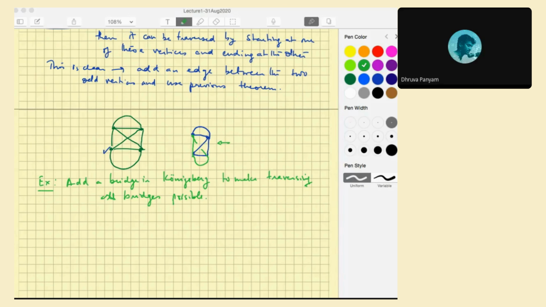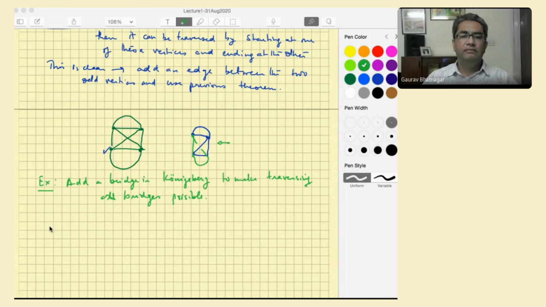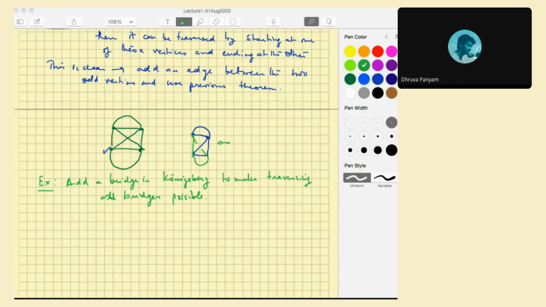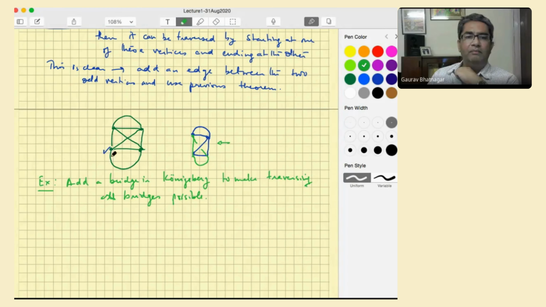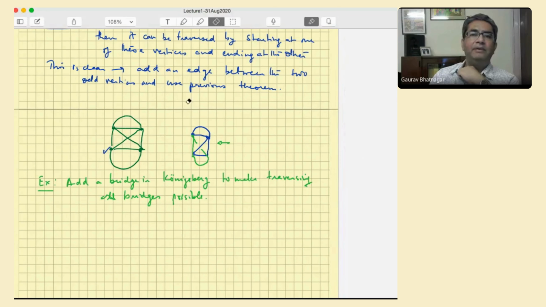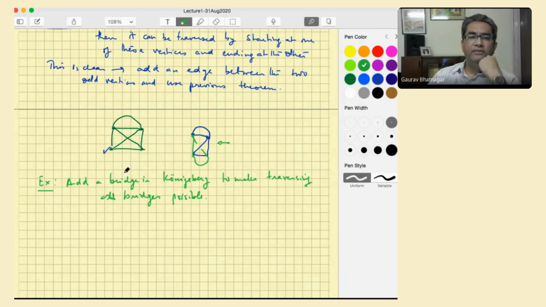Professor, for the two odd vertices, is there a similar algorithm to draw it? Because if you draw all the cycles and you're left with the same two odd vertices, then what happens? Well, with the odd vertices, what we do is we add a vertex. These are two odd vertices.